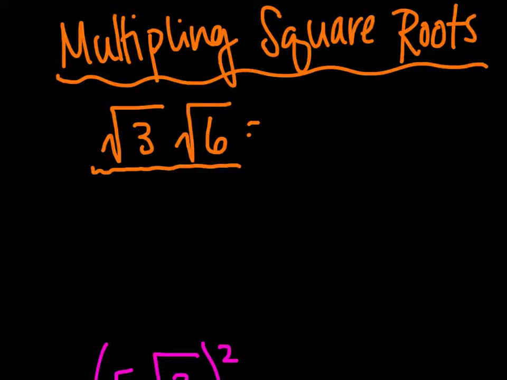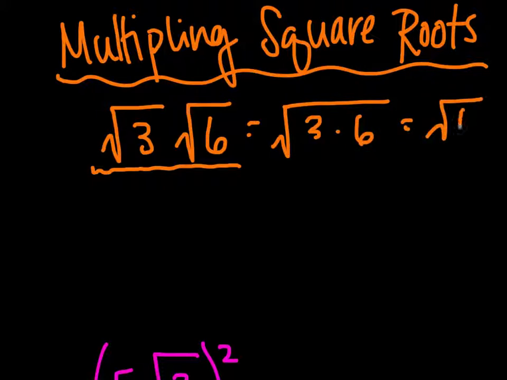We can actually say this is really the square root of 3 times 6, which is the square root of 18. And from there, we can see that there's probably going to be an easier way to break this number up so we can simplify it better. The square root of 18 is essentially 2 times 9.